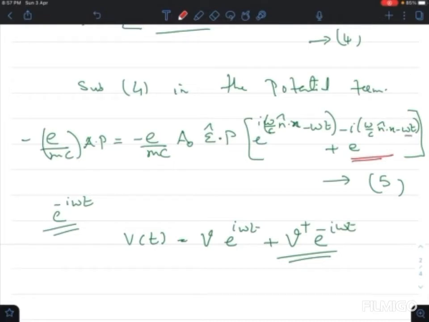So what is V dagger? V dagger will be equal to e A0 by mc, and you have that minus term here again, e raised to i omega by c n dot x, times epsilon dot p.